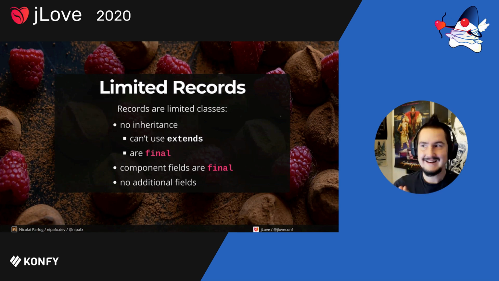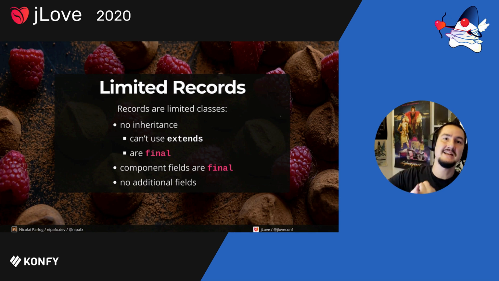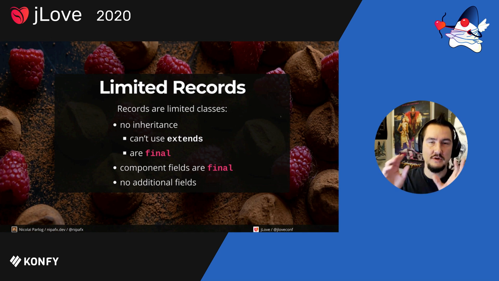So let's talk a little bit about the details of records. As I mentioned earlier, records are like classes, but limited in a sense. So you cannot use inheritance, meaning you cannot extend other classes, and you cannot be extended by other records. So a record is implicitly final, and records can never use the extends keyword. All the component fields are final. That means they can never be reassigned, right?